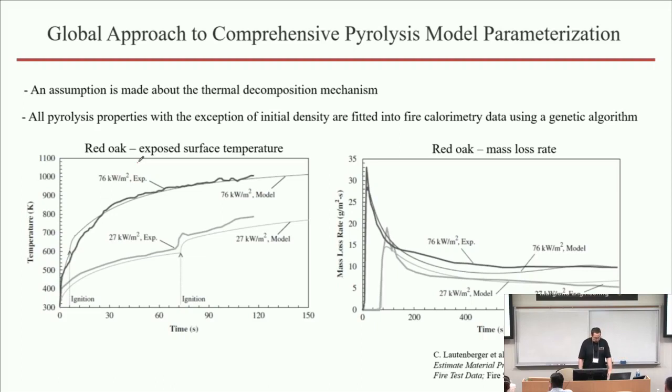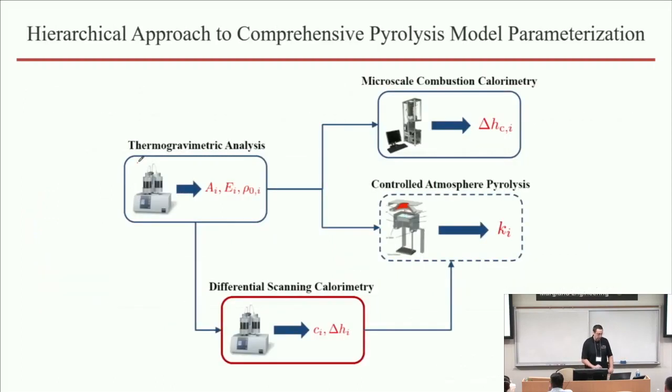All right. So another way in which you can parameterize these models is called the hierarchical approach. And this is something that we have been working on here at the University of Maryland for a number of years.